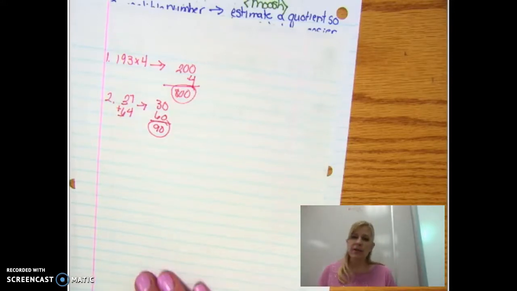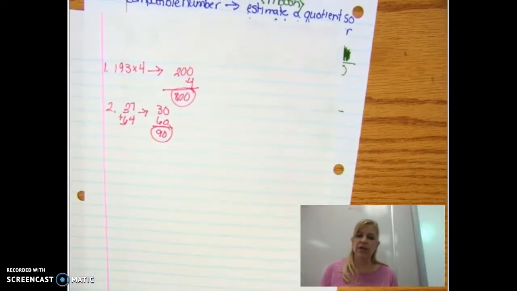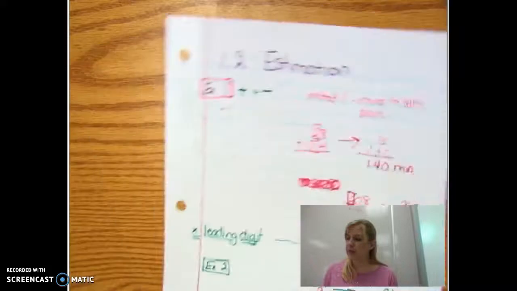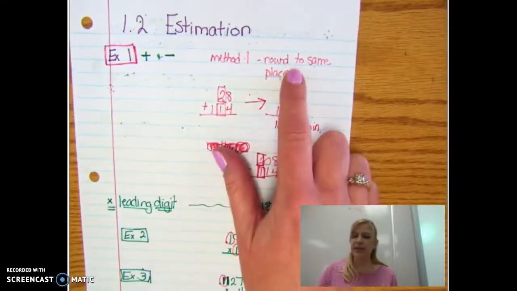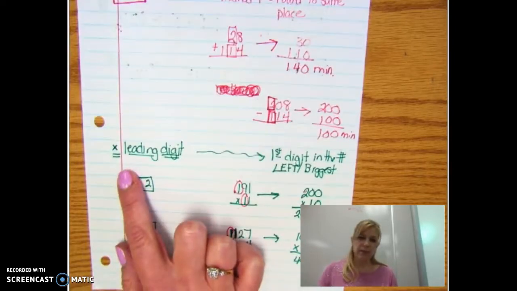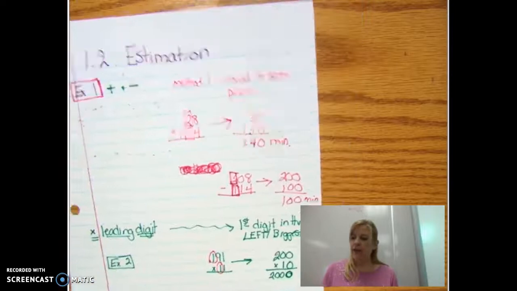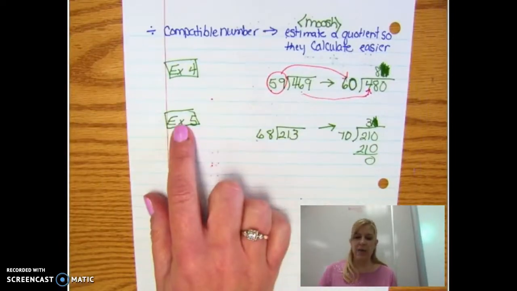So the biggest takeaways from this is we are going to be estimating with addition and subtraction using this first method, where we round to the same place value. The leading digit we're going to use with multiplication, okay? And then division, we are going to find compatible numbers.